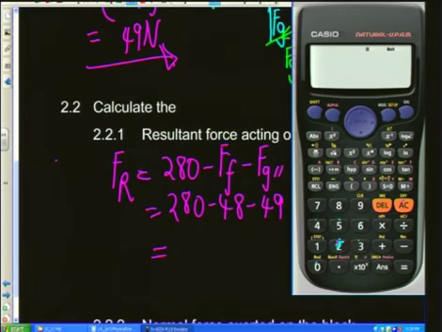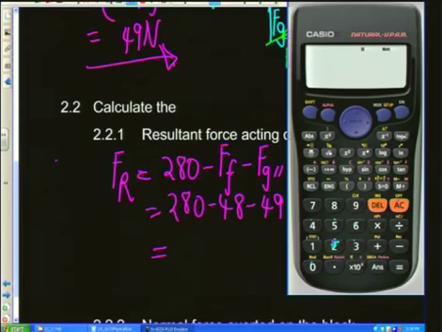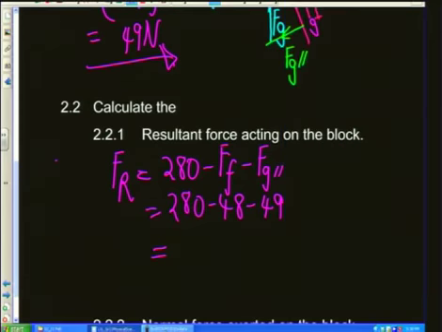So you will be able to get the resultant from there. Let's just move on. Are you getting it now? So it's 183 newtons. Okay, so that is the force.